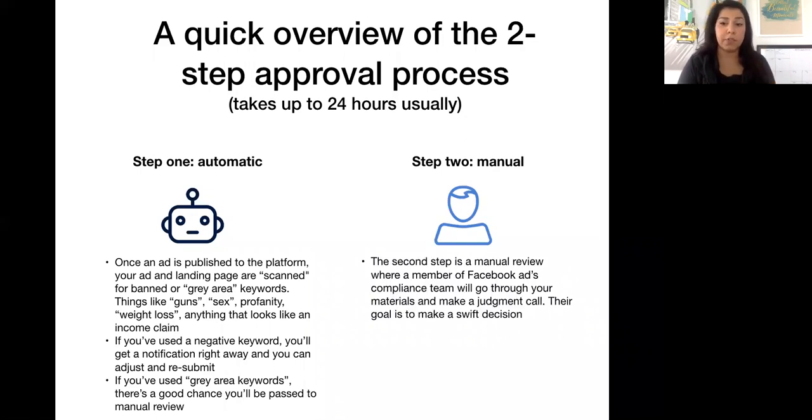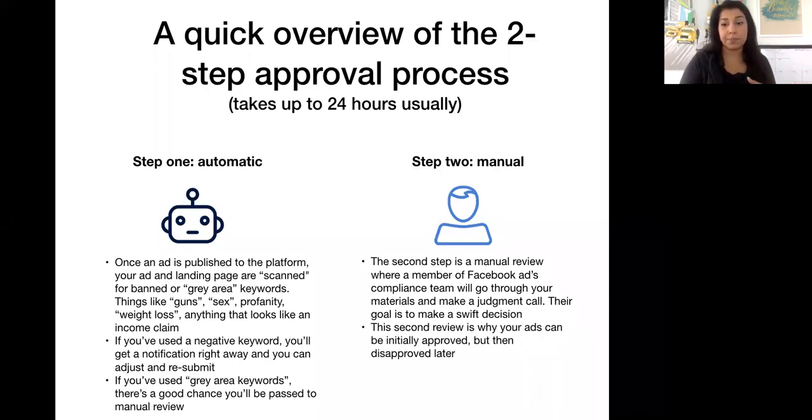The manual review process is where a member of Facebook ads compliance team is going to take a look, an actual person is going to take a look at your copy. They're going to make a judgment call, and their goal is to make a swift decision. So they're not thinking, oh, I understood what they meant, but they're saying, no, these are my rules, this is my checklist. I have a high volume of content to go over, yes or no, basically.